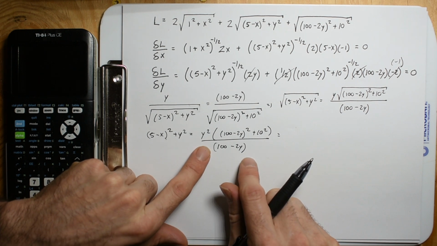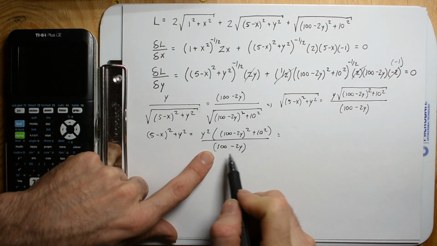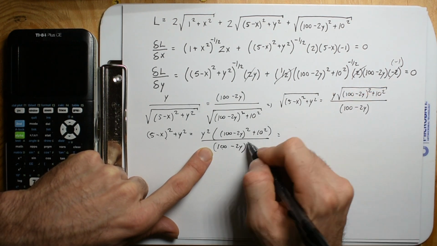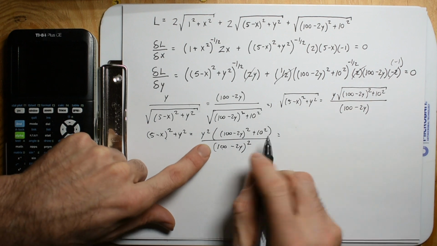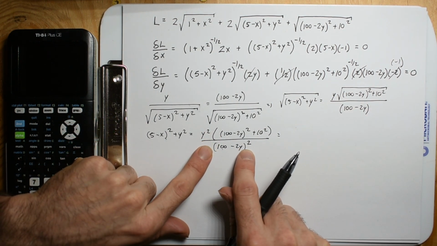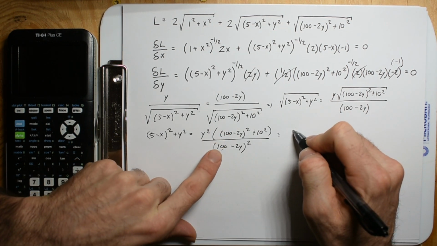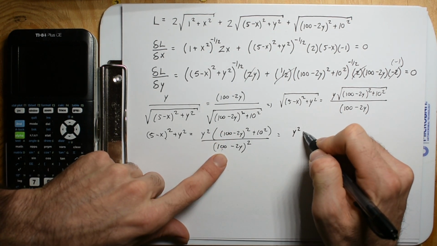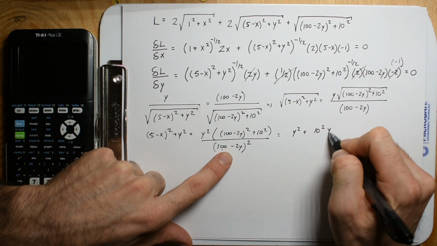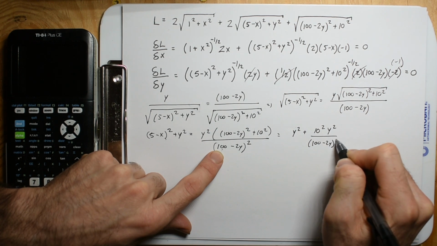If I squared this side, this is squared, so there you go. I don't want to make more mistakes. Let's factor this through. This is going to be y squared plus 10 squared y squared divided by 100 minus 2y squared.